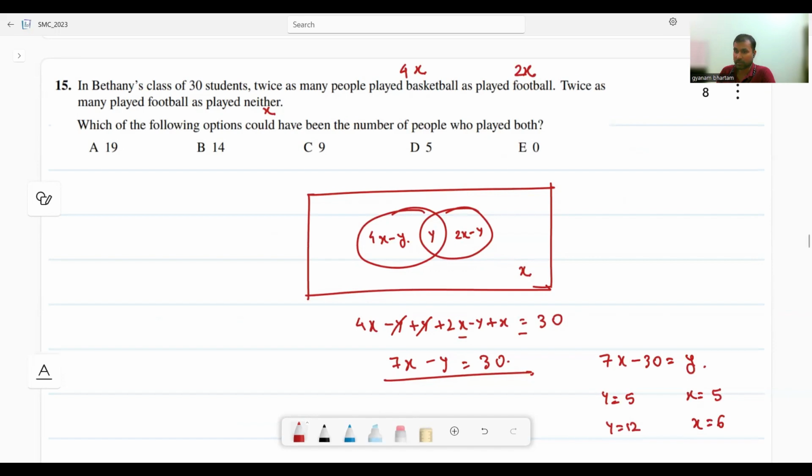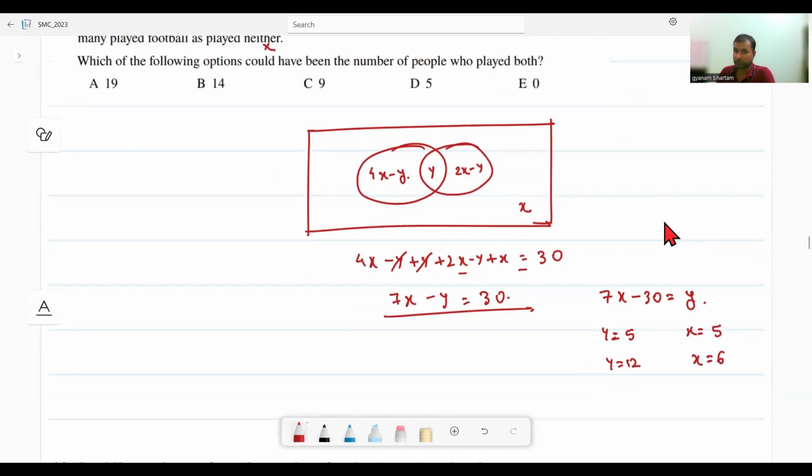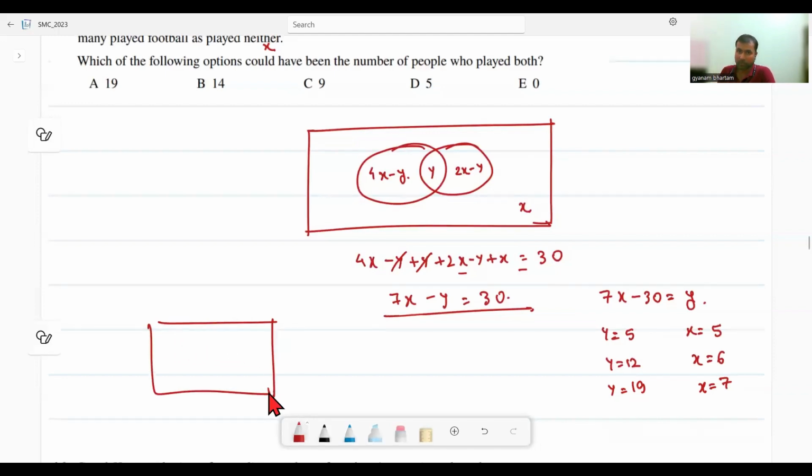If x is 7, y will be 19. Let's see whether it's valid or not, because we have to look at the Venn diagram. So these are the few options: it could be 19, it could be 5, and 6 is not there, so let's check with 5.